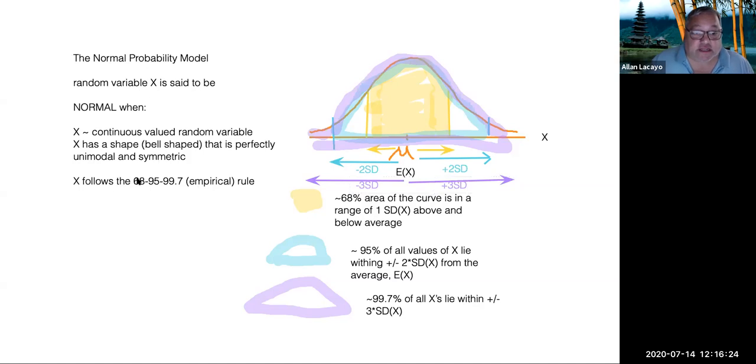So the 68, 95, 99.7 rule helps us connect values of x with percentages of occurrences or probabilities of x.